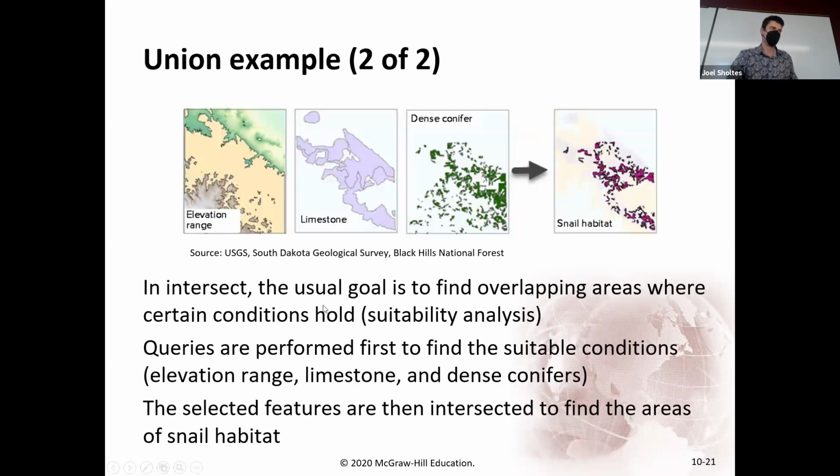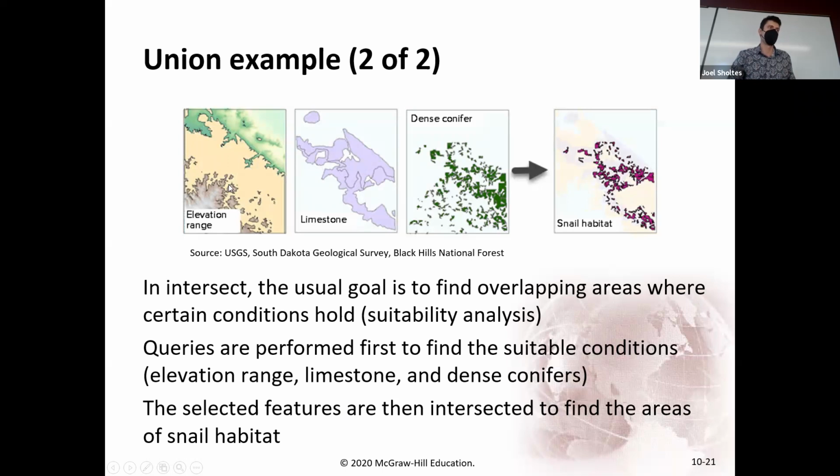Another example is we use intersect to do a suitability analysis. And these are some examples I think you all do in this chapter 10. So they did an intersect and then they ran a query on it. And ultimately, these were used to identify snail habitat.